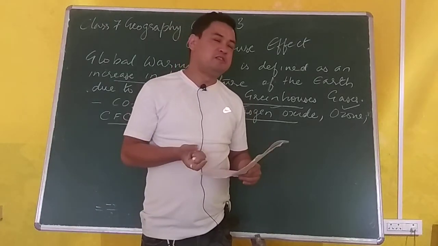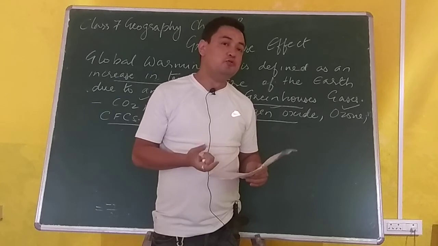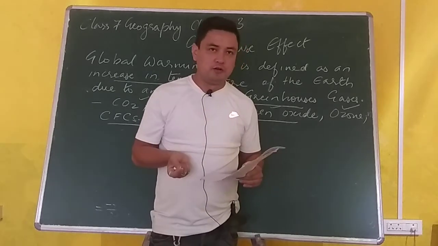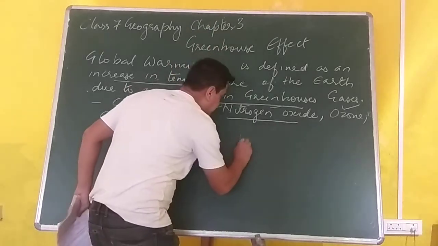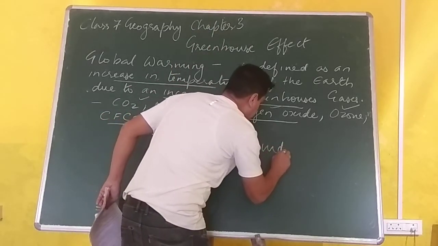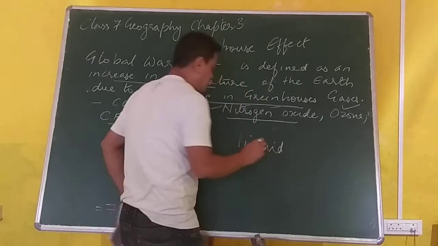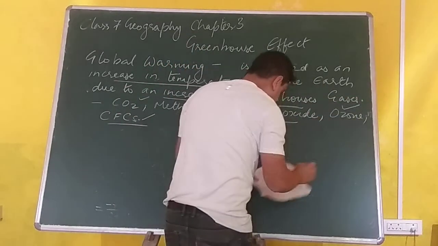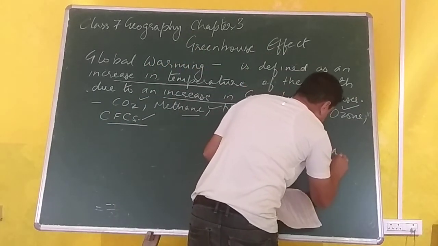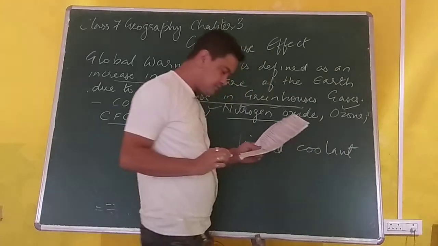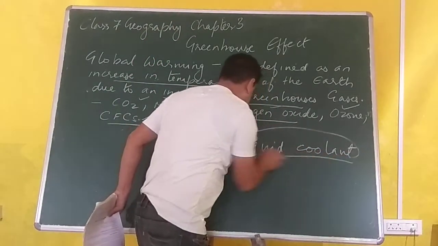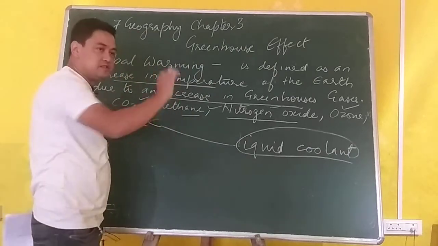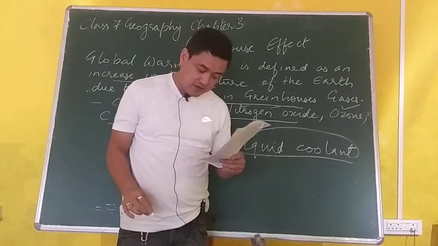Now, the fridge is basically used by the people to preserve the food, because the fridge uses the technology called liquid coolant. Now liquid coolant is the product which basically produces CFC, or chlorofluorocarbons.